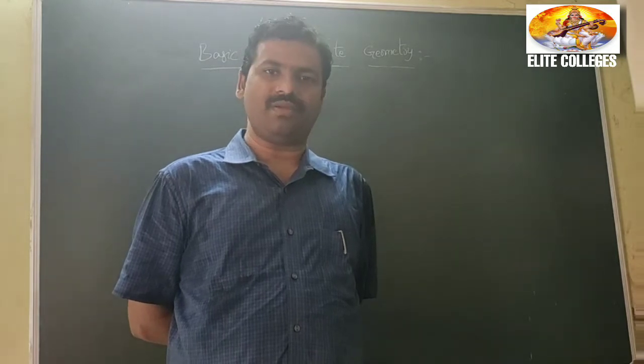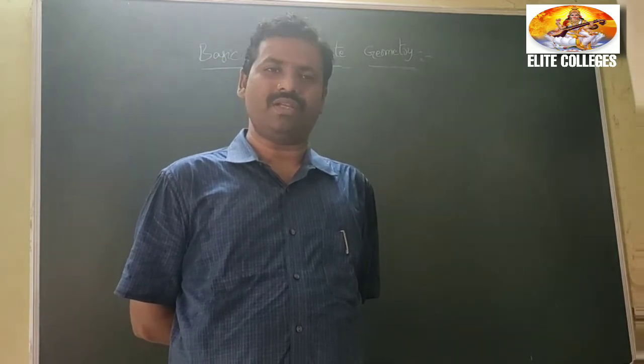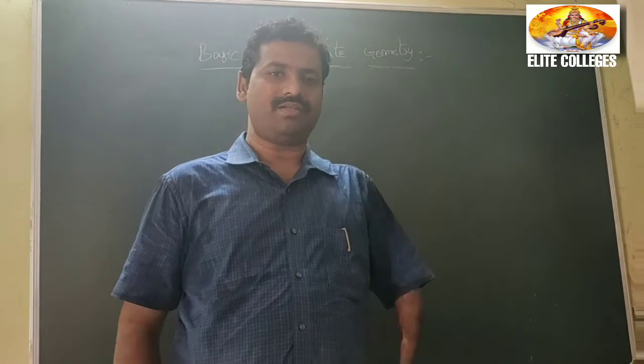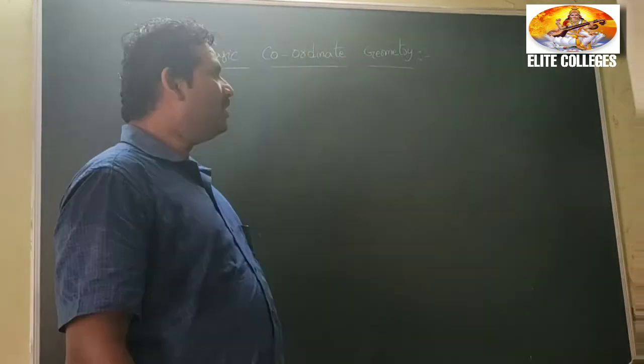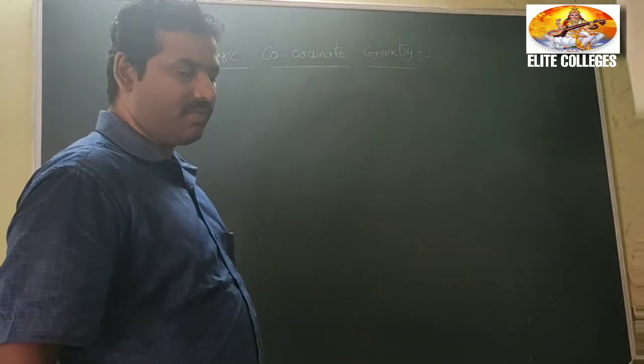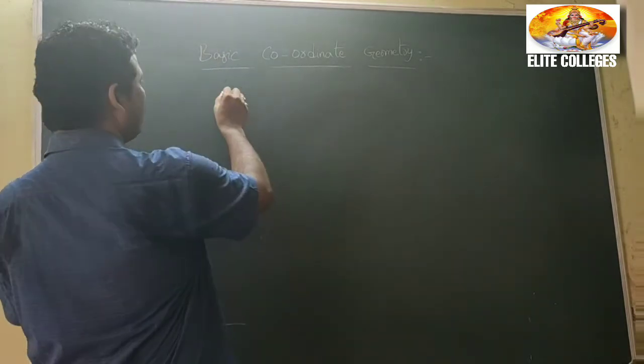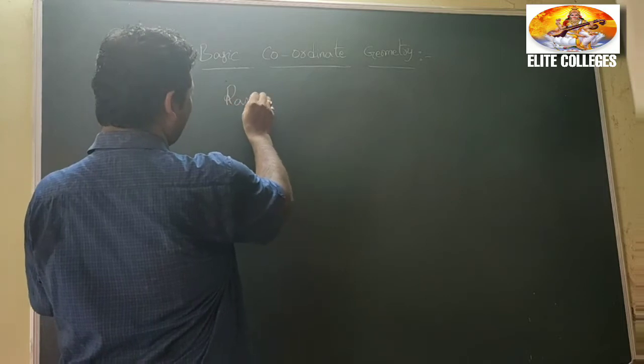I will start from the very basic level to the very depth level. So first, basic coordinate geometry. This coordinate geometry was first developed by the French mathematician René Descartes.